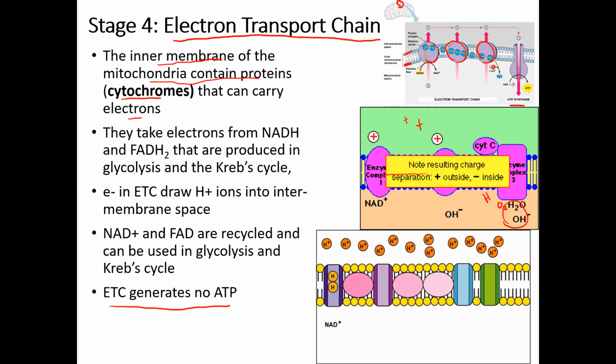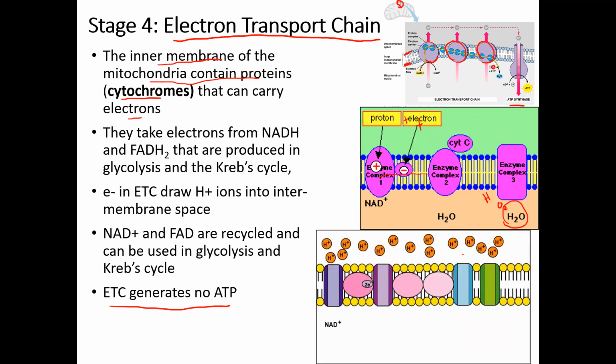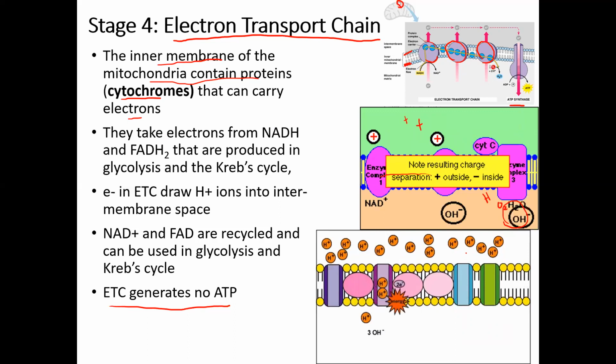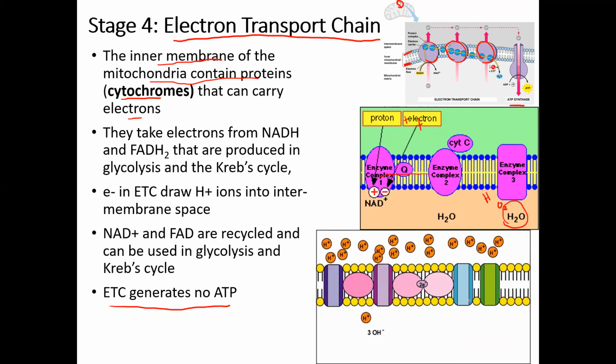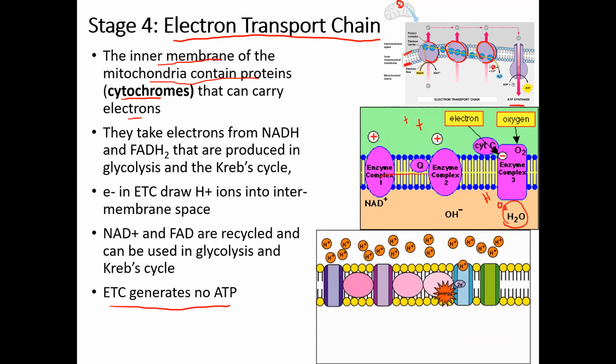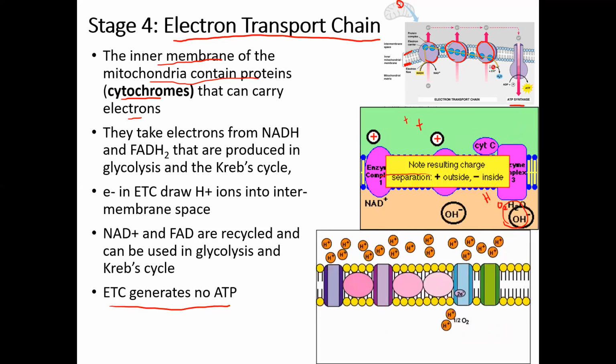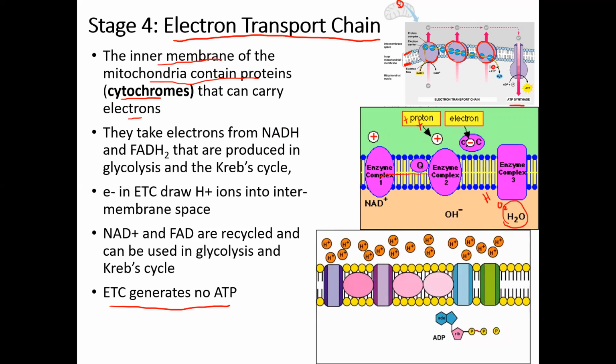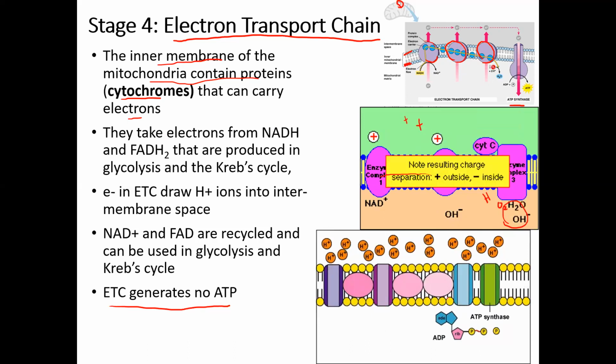ATP is made as a result of the electron transport chain when protons build up and they move through the cristae membrane, between the intermembrane space and the matrix, and they generate ATP through the ATP synthase, okay? So as the protons move through, that's when ATP is made. So electron transport, no, but chemiosmosis, yes.